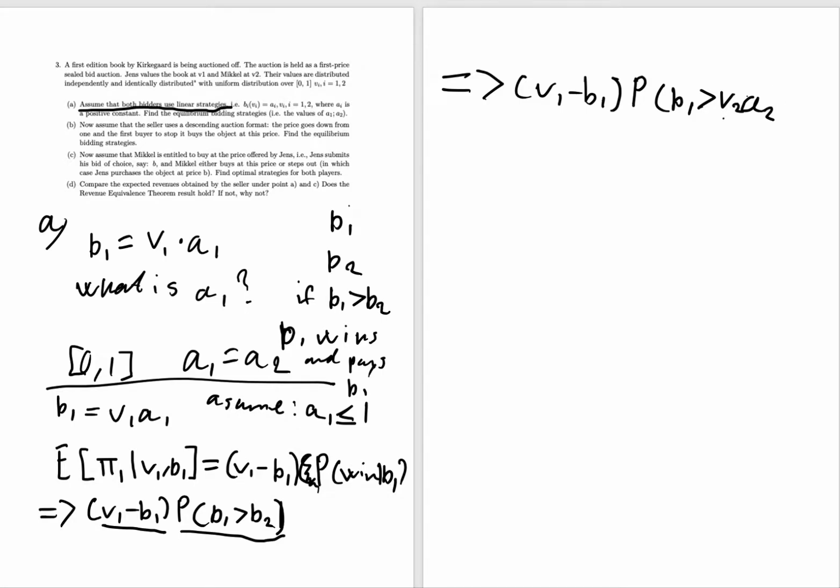So his evaluation times some value lower than 1. Now we actually have enough to try and get rid of this probability. When we're trying to maximize it, we'd rather not have a probability in it. We'd rather be able to calculate what this probability is.